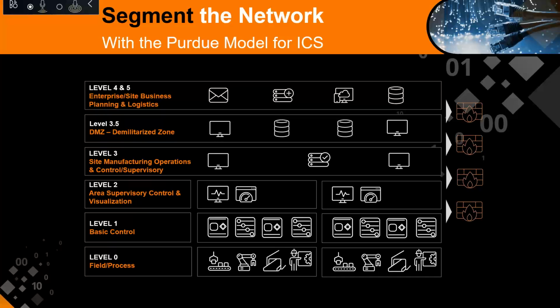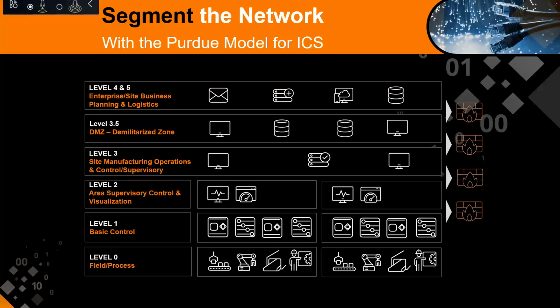But let's first have a look at the different levels and the equipment that is typically found on it. At the bottom, level 0, this is the level where equipment is like motors or fans or conveyor belts, things like that. And above that, level 1, there's equipment to control level 0, using, for example, PLCs and RTUs.